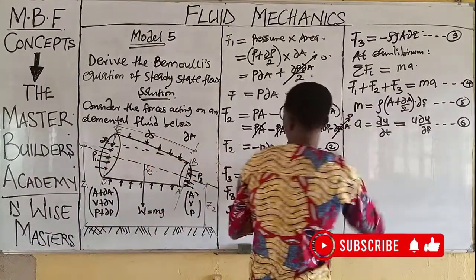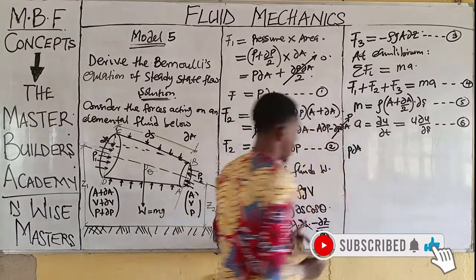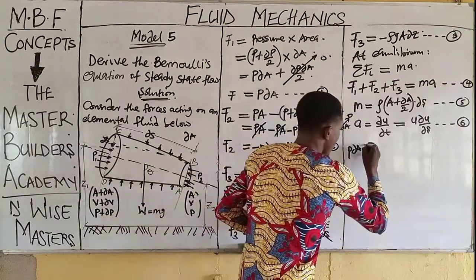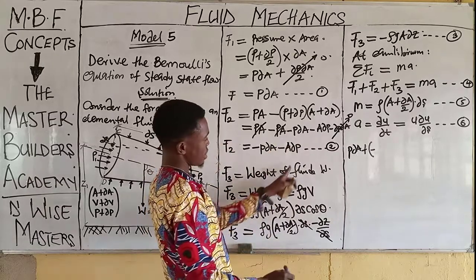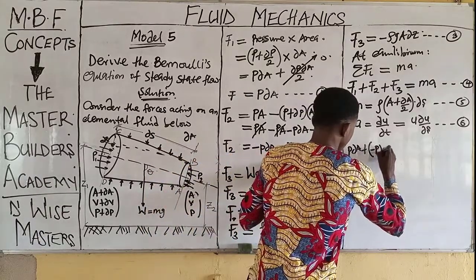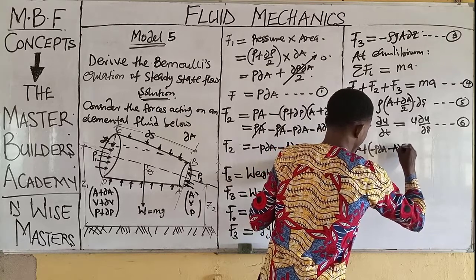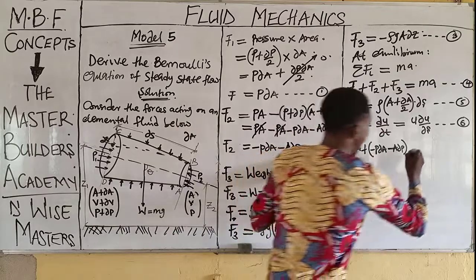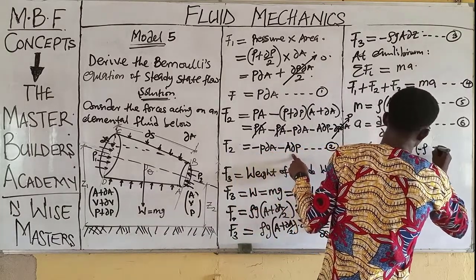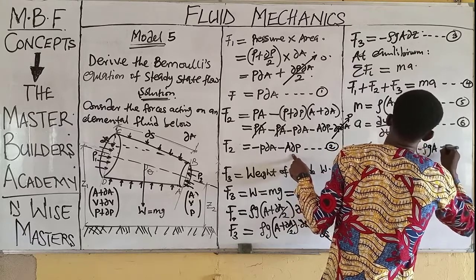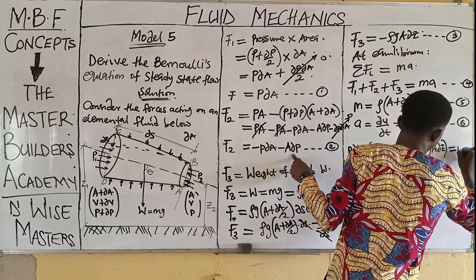So we know that F1 is P change in A. I'll put in the value of F1 plus F2, which is minus P change in A minus A change in P. Then F3 is equally minus rho g A change in Z, which is equal to MA.